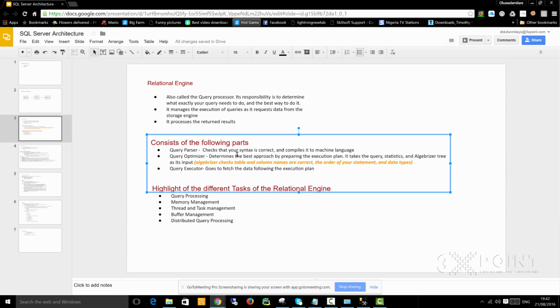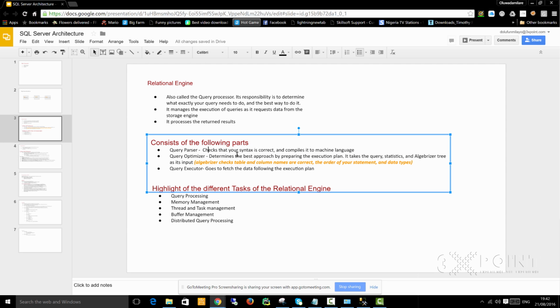So this whole thing is a lot of work that happens within the engine. It keeps working like a clock. Even when you are not running any query, there are things happening behind the scenes.